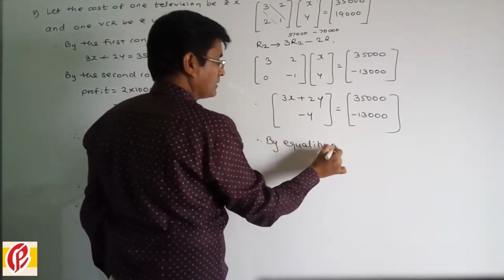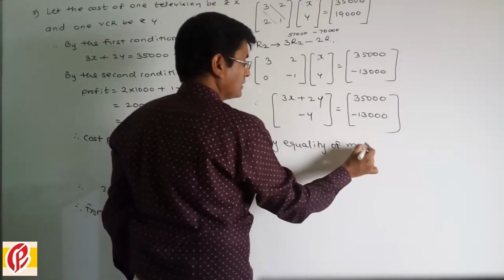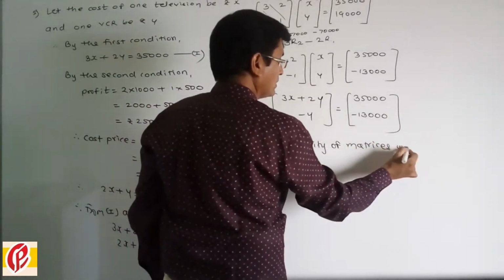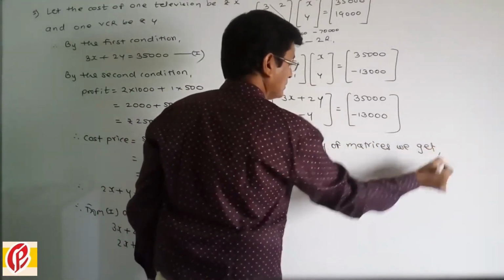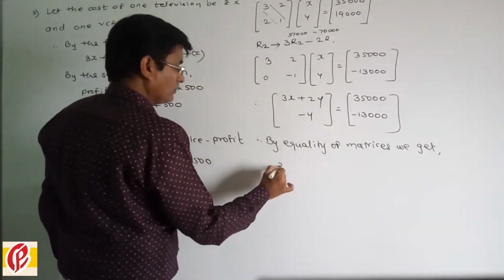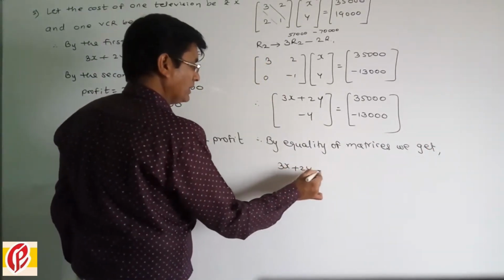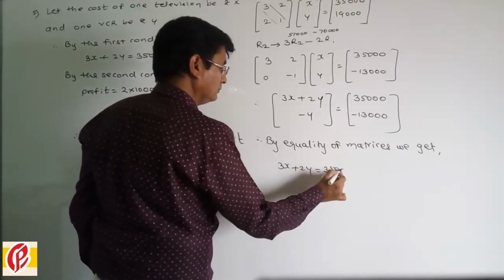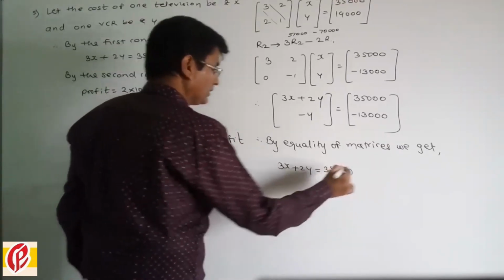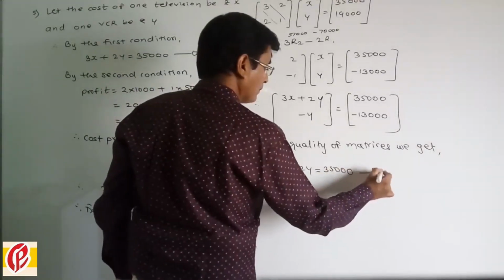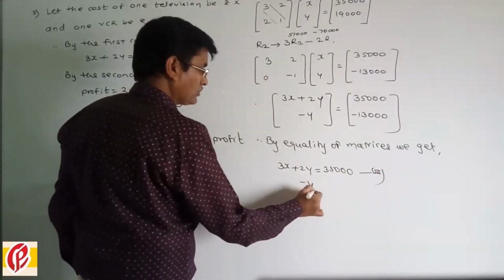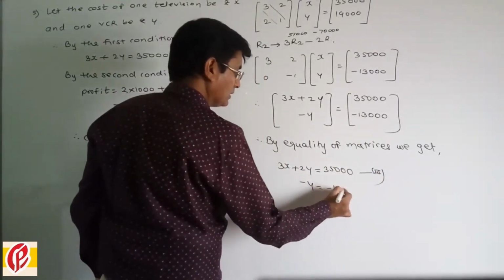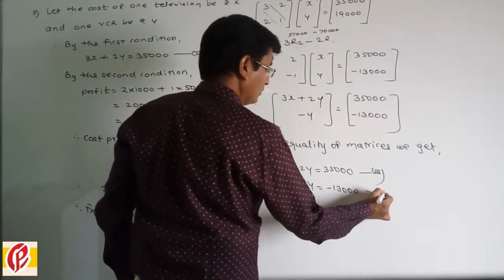So therefore, by equality of matrices, we get 3x plus 2y is equal to 35,000. This is equation number 3. And minus y is equal to minus 13,000. This is equation number 4.